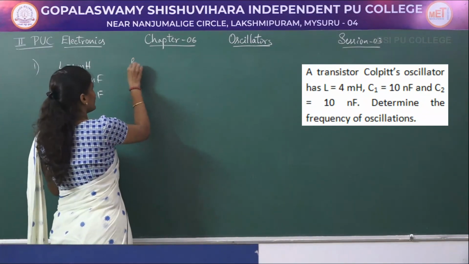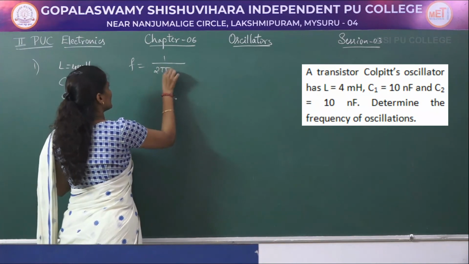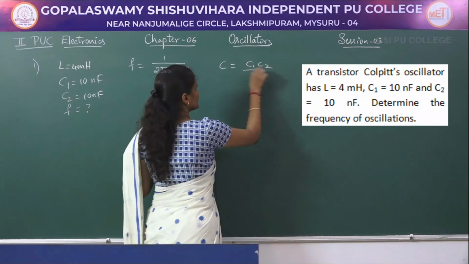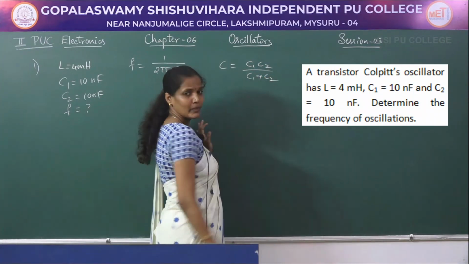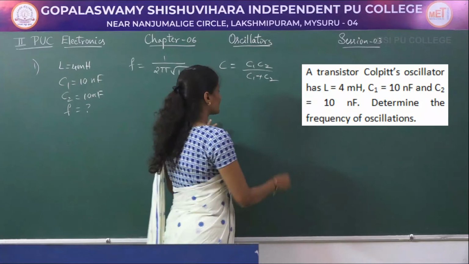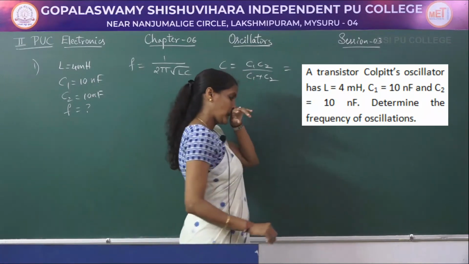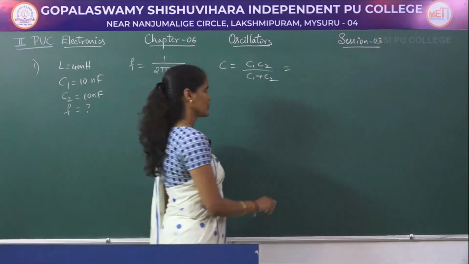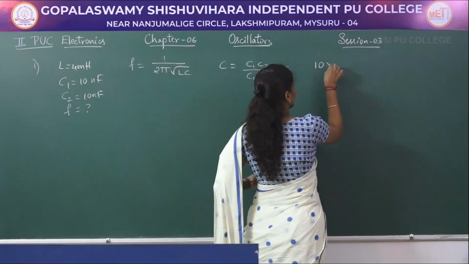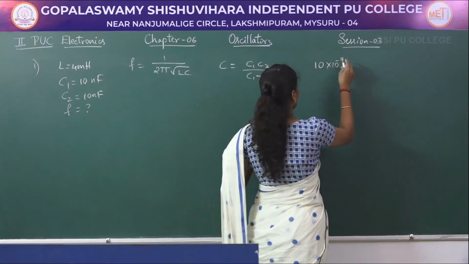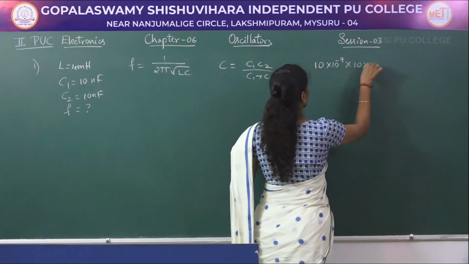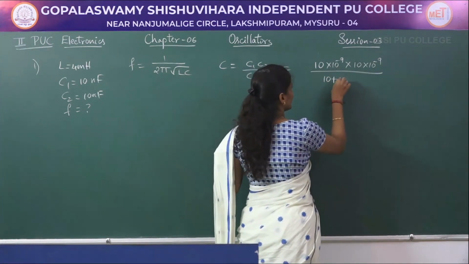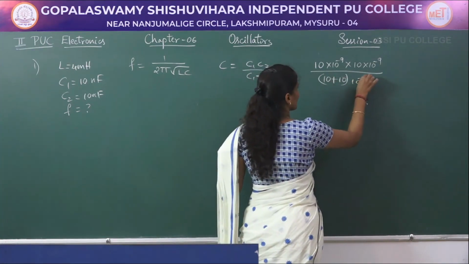So f is equal to 1 divided by 2 pi root LC, where the C value is equal to C1 into C2 divided by C1 plus C2. So let us substitute the values of C1 and C2, then find out the total C such that we will be able to substitute that C value in this expression. So C1 is 10 nano, 10 into 10 to the power of minus 9 into 10 into 10 to the power of minus 9 divided by 10 plus 10 into 10 to the power of minus 9.